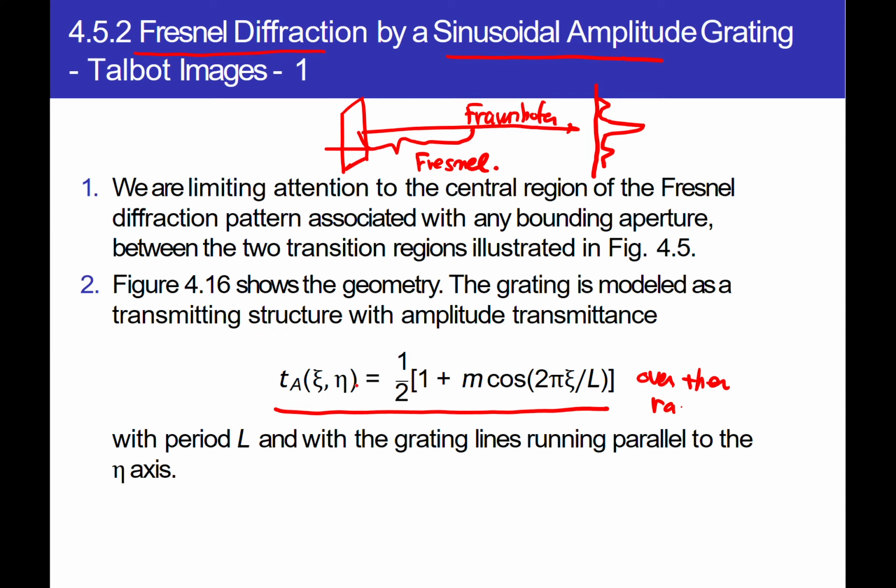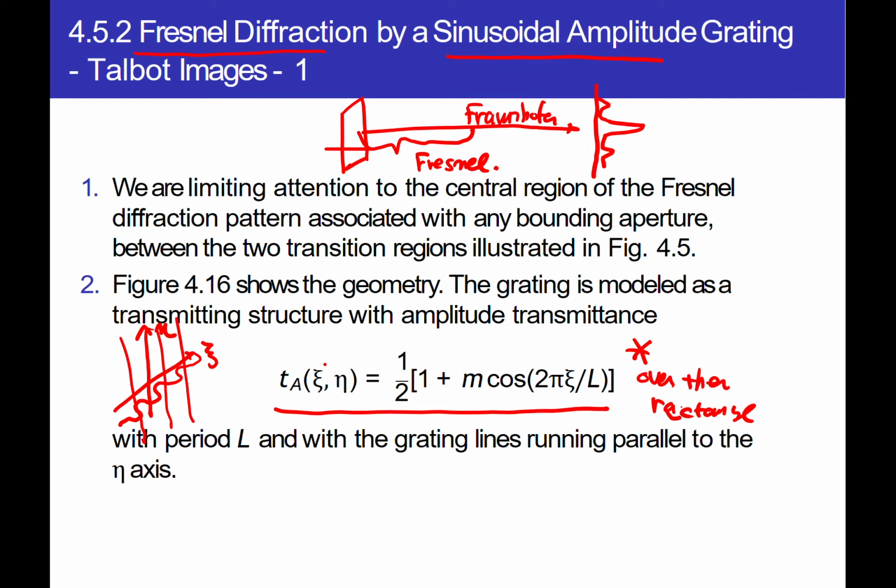So in this case, it's a little bit different. It's not over the rectangle. It is extending infinitely. So along the xi, you get this kind of an amplitude grating, and over the eta, it doesn't change at all.